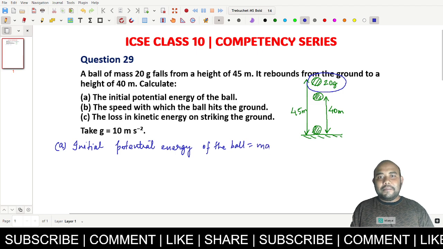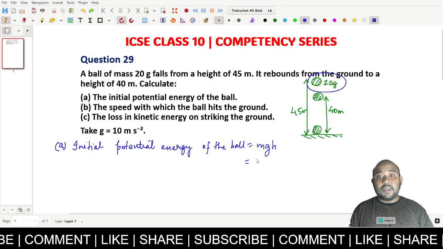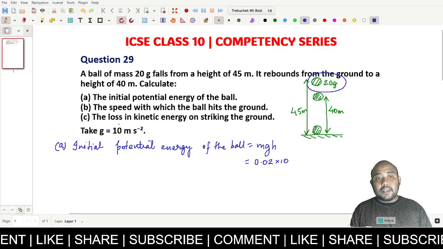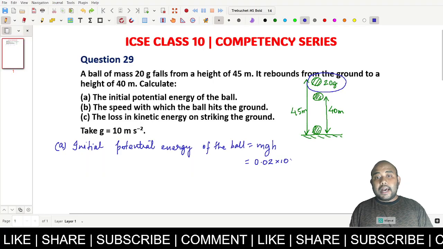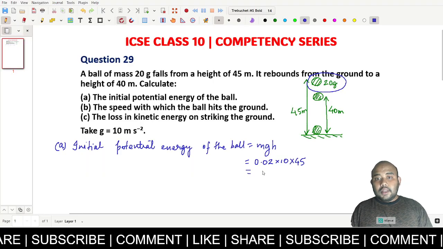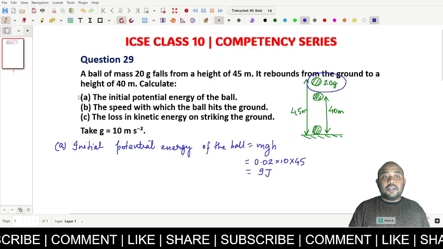We know it's mgh. Mass is 20 grams. Of course, we have to convert it to kg. So 0.02 kg. g is 10, it's given 10 meter per second square. Height is 45 meters. So when you solve this, it will give you 9 joules. Okay, so we have got the initial potential energy of the ball.